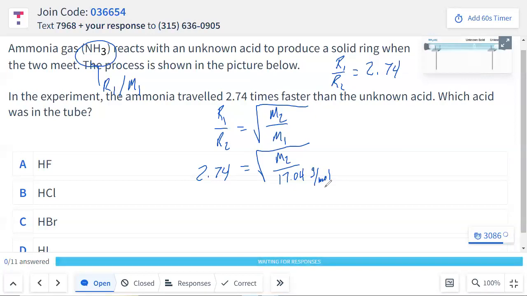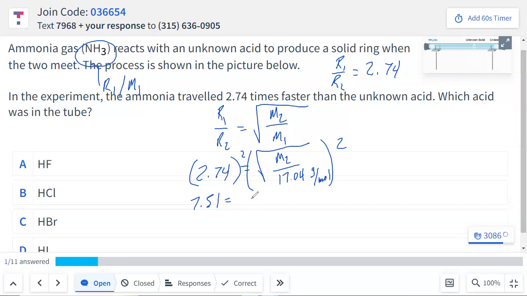So I'm working in algebra here. How do I get rid of the square root term so that I can solve what's underneath? Yeah, I got to square both sides. So I got to square the right-hand side and I got to square the left-hand side. 2.74 squared is 7.51.